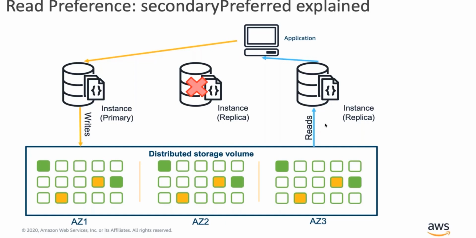Now, let's say in the event your replica instance were to also go down, your application will now start routing all your read calls to your primary instance. So with the secondary preferred connection string attribute, your application with the client driver that you're using will use built-in logic to try to route the read traffic to the read replicas if possible, and if it cannot, then it will default back to the primary instance.